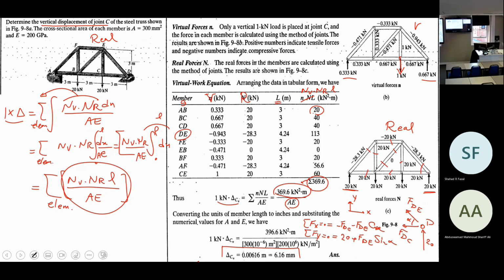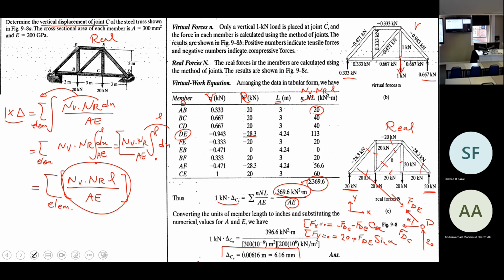If you solve these two together, you will come up with minus 28.3 for F_DE. What does it mean? It means this is not in agreement with what I put here. What I put here is tension.